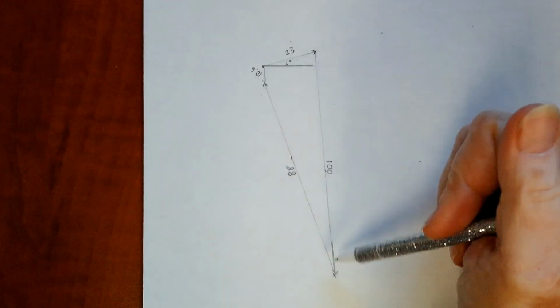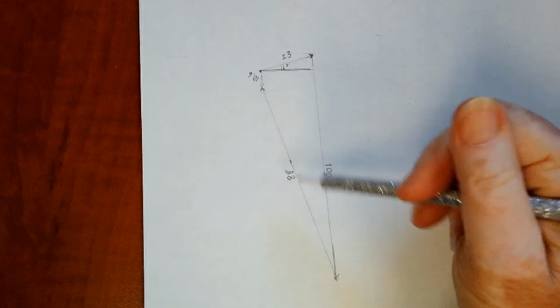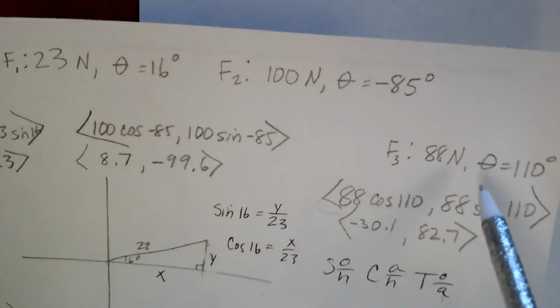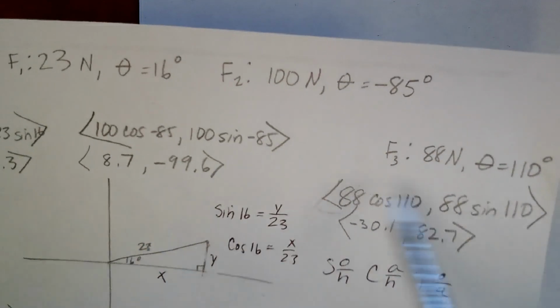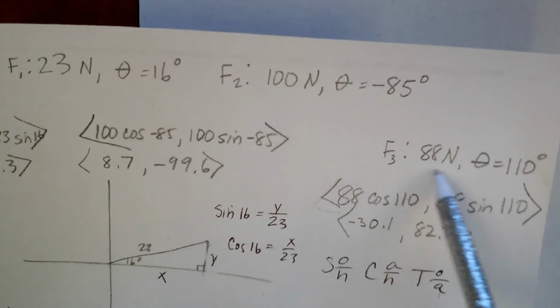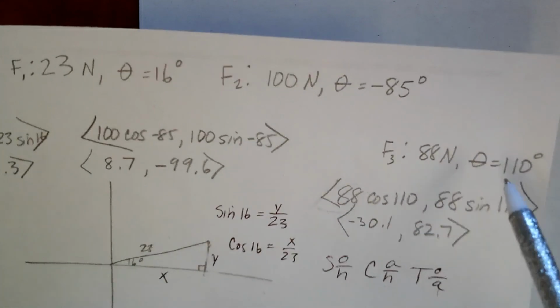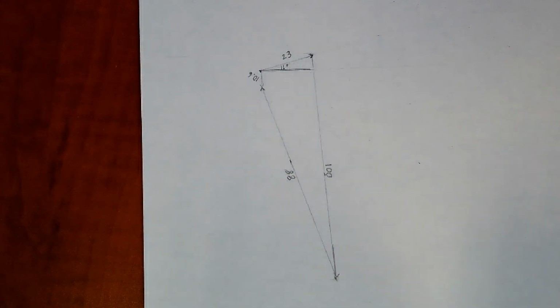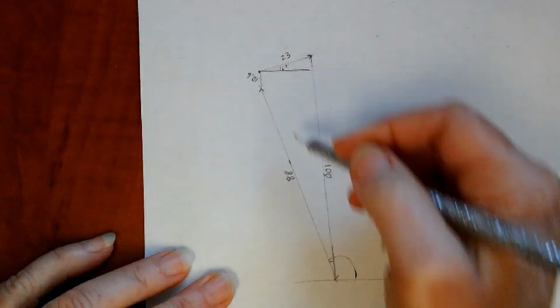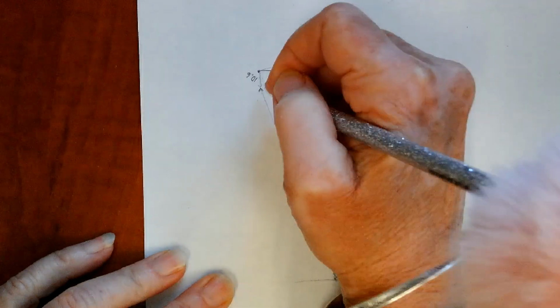So it goes down there. And then the last vector had 88, so I'm going to draw that 88 millimeters, and that direction is 110. That's 110 degrees right there. And then I actually measured out my millimeters, and I ended up right there.